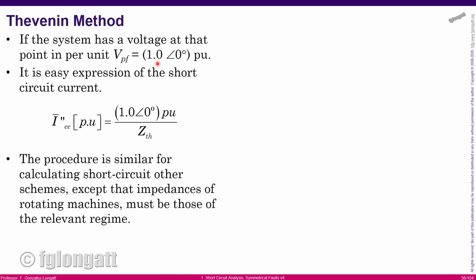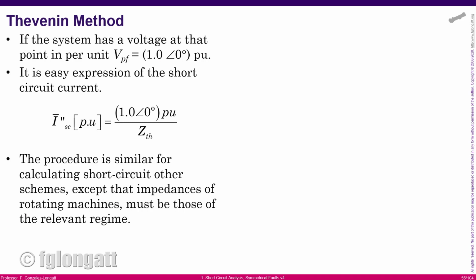All the voltages will be 1 per unit, and it will be simple to define the short circuit current as the ratio between 1 per unit and the short circuit impedance, that is the Thevenin impedance.